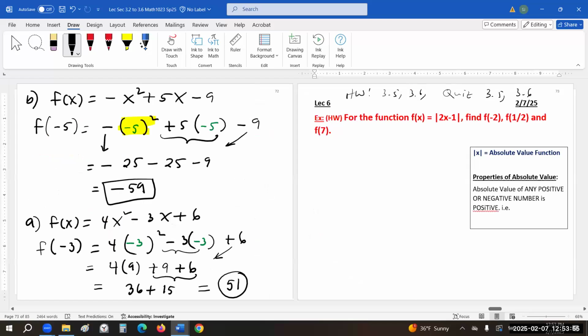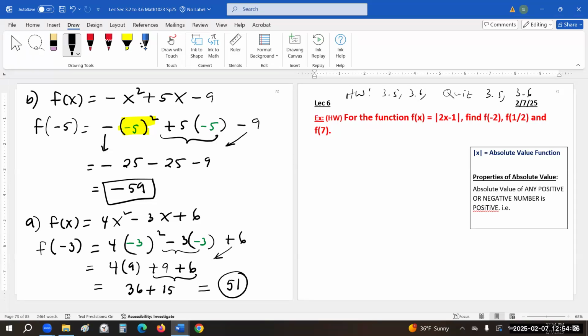Today we are going to do one more example. And here we have a different type of function. It's called the absolute value function. What it does is, if we input any number into the absolute value function, it always spits out something positive.